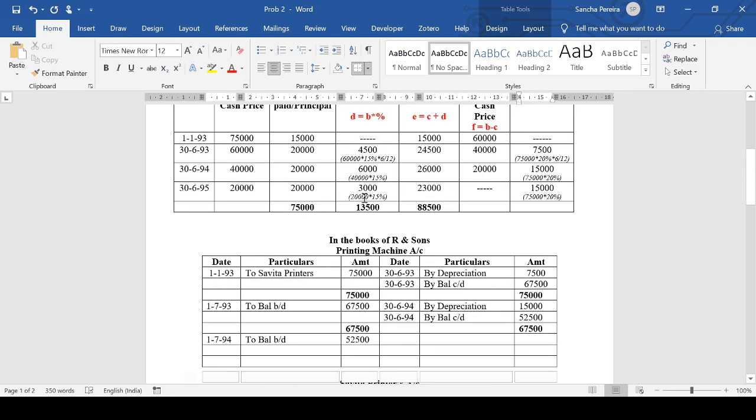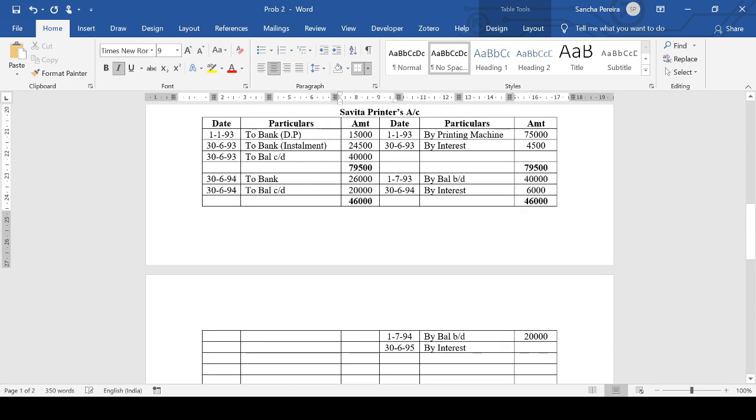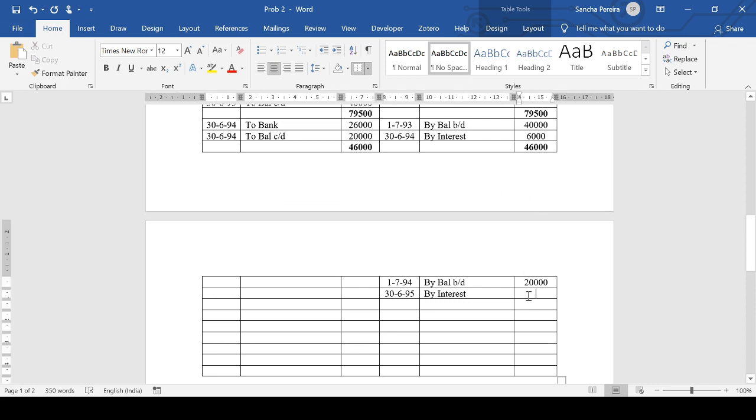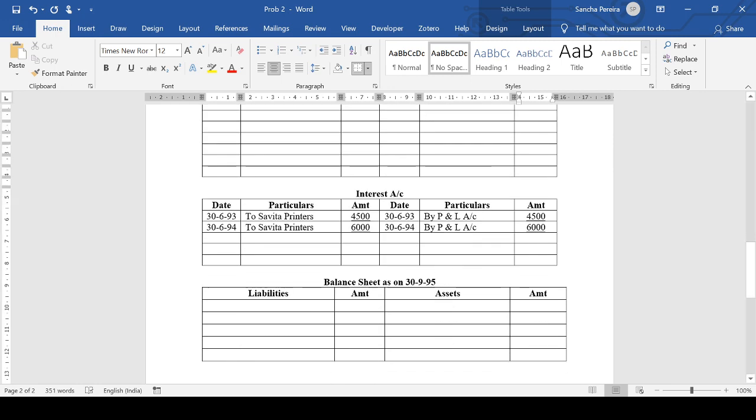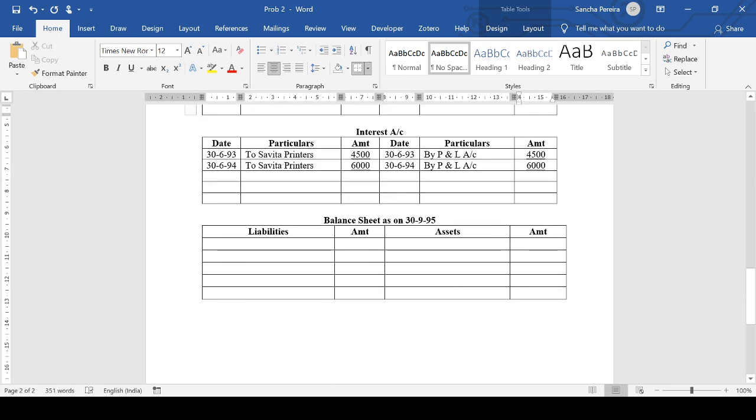The interest in the last year is 3,000 rupees. Go to the interest account and post the same thing. Interest account debit to Savita printers. So we're going to have the same thing, just change the date. Interest is 3,000 rupees. Okay.